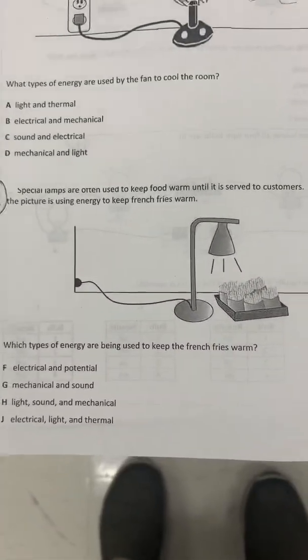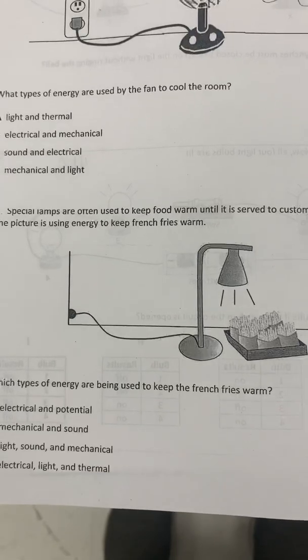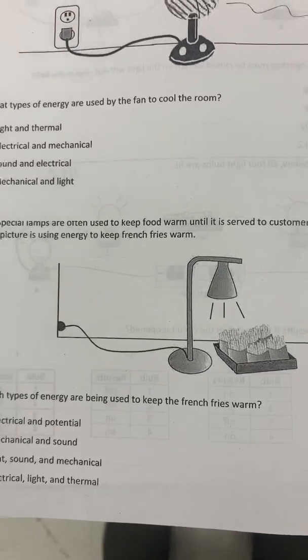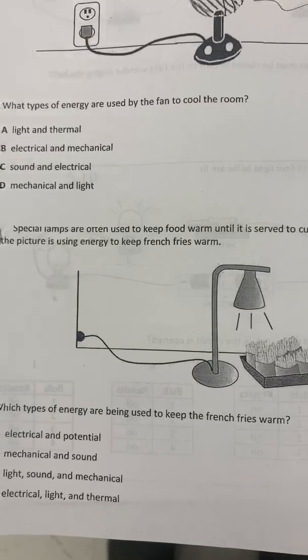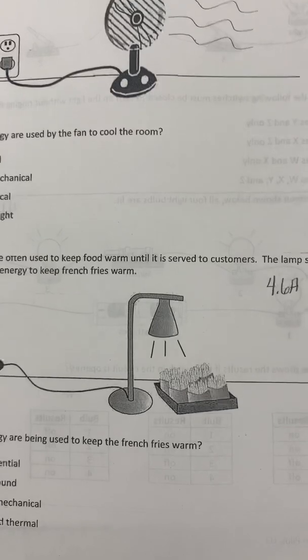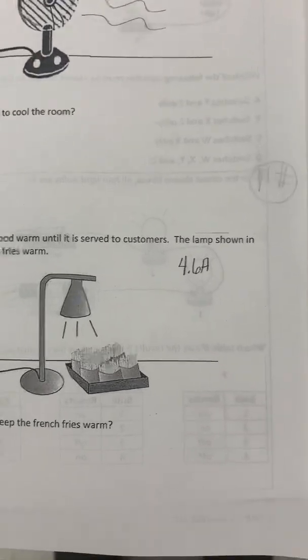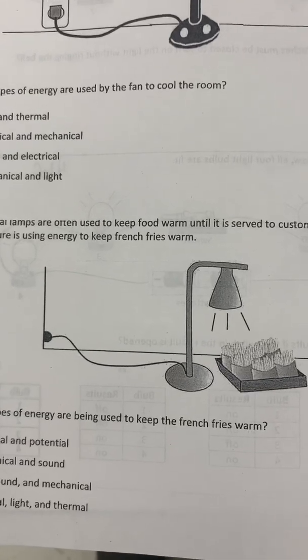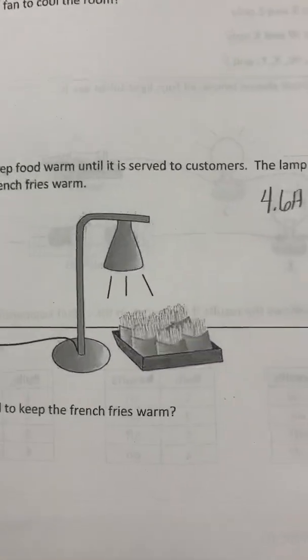Question number 2. Special lamps are often used to keep food warm until it is served to customers. The lamp shown in the picture is using energy to keep fries warm.